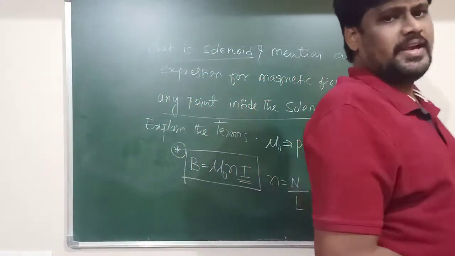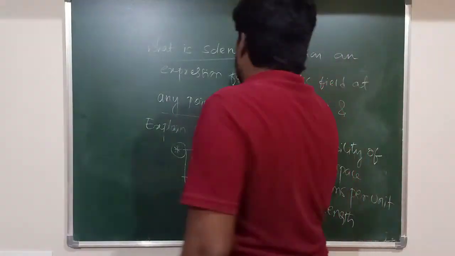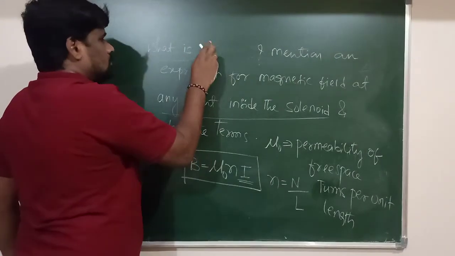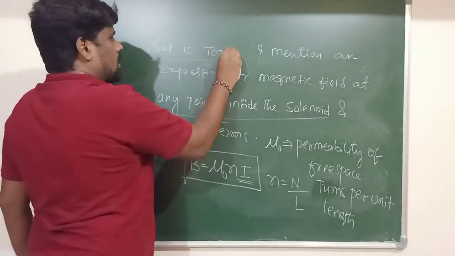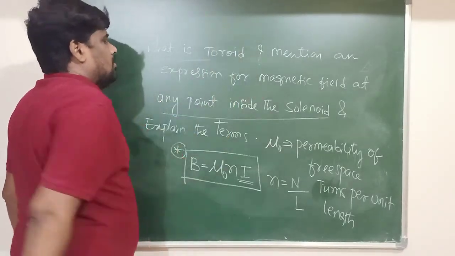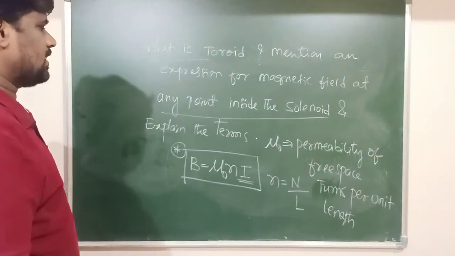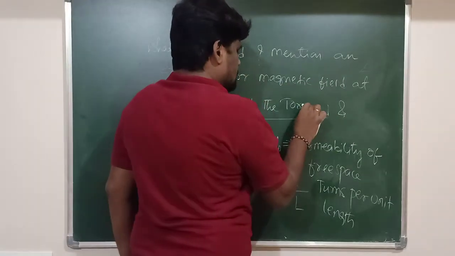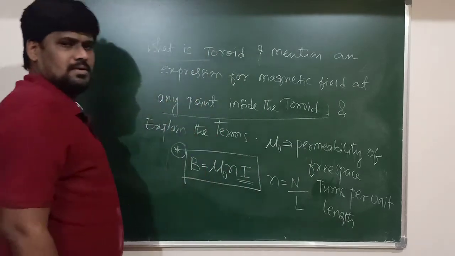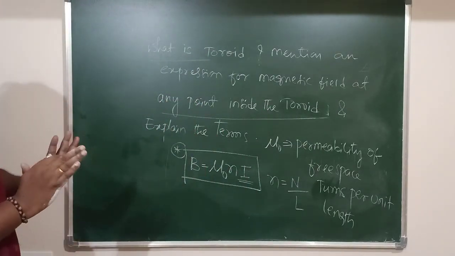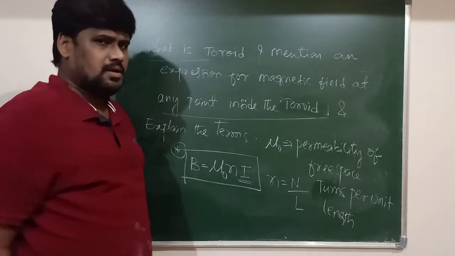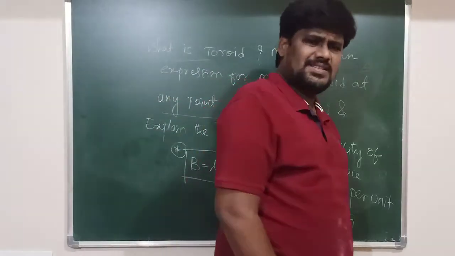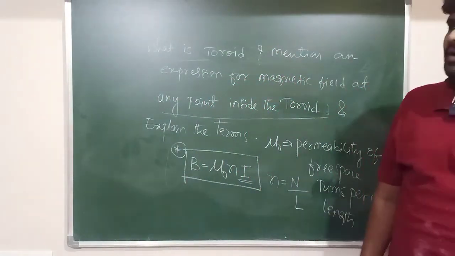Okay. Next is, what is a toroid? Mention an expression for magnetic field at any point inside the toroid. There is a very slight difference between solenoid and toroid.